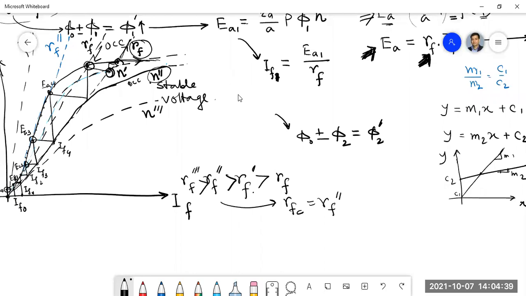If the machine doesn't satisfy these two conditions, then the voltage build-up process that I have mentioned will be hampered, will not take place. There are two other conditions also, but I will discuss that later. So these two are the major conditions.